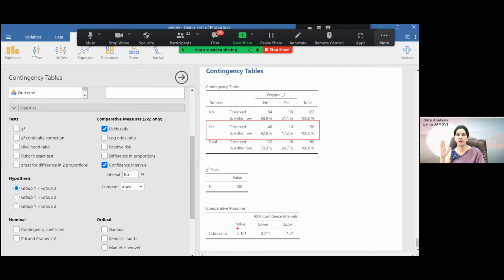So it tells you the odds of oxygen requirement in smoker as compared to non-smoker. You can calculate also, like what will be the odds of oxygen requirement in case of a smoker. All of you please calculate what will be the odds of oxygen requirement in case of a smoker. Oxygen requirement 1 is yes and 0 is no. So all of you please write in the chat box.